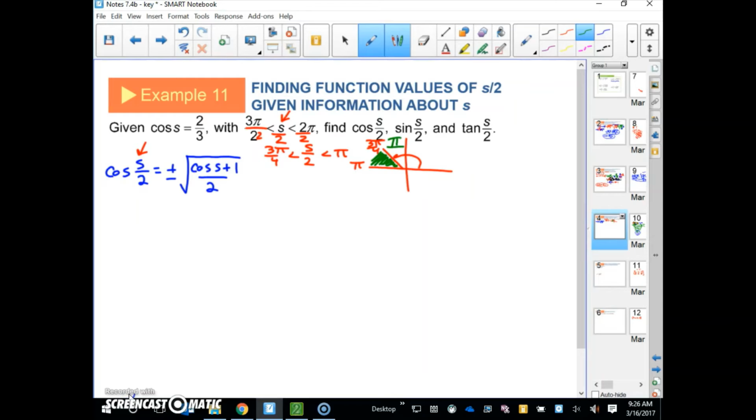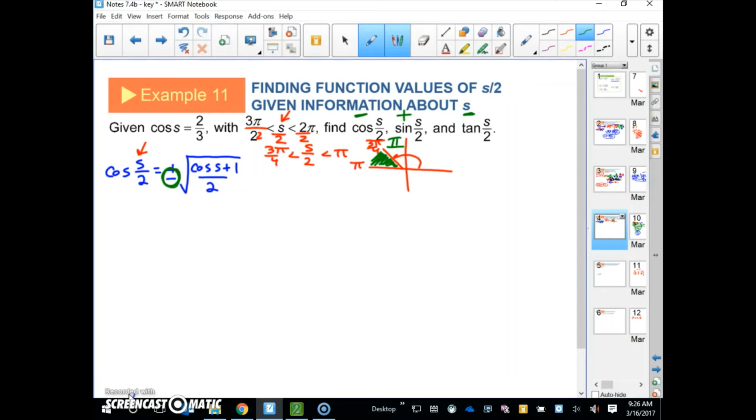And so when you go back and look at, in this case we're talking about cosine, we know cosine in the second quadrant is going to be the negative version of this formula. We know cosine is negative, we know sine is positive, we know tangent is negative in that second quadrant. And so that's the first step that you need to do, and it's a tricky one. A lot of people are going to forget about that step.